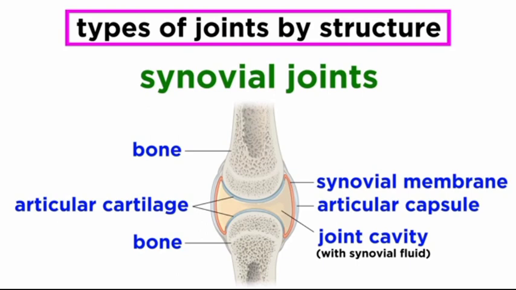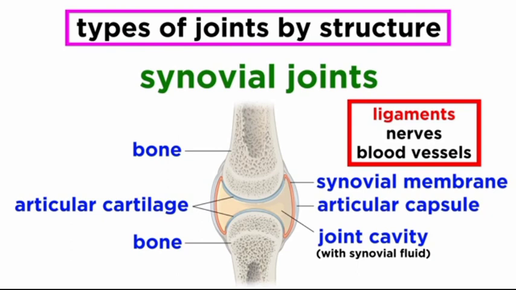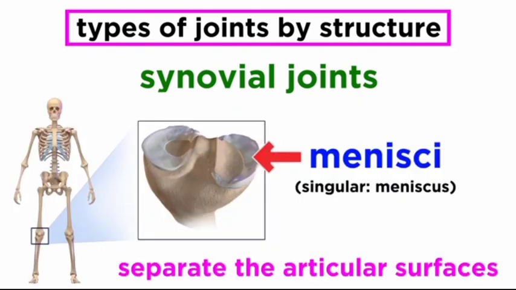The synovial membrane, together with the fibrous layer that flanks it, comprise the articular capsule. And beyond that are some reinforcing ligaments, as well as nerves and blood vessels. Beyond this basic structure, some synovial joints have fatty pads or discs of fibrocartilage separating the articular surfaces.